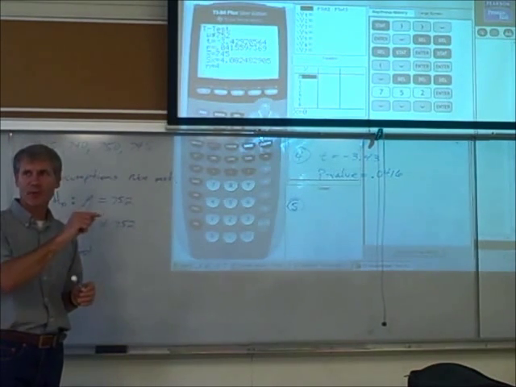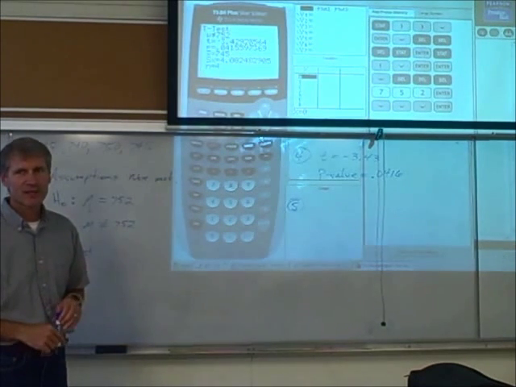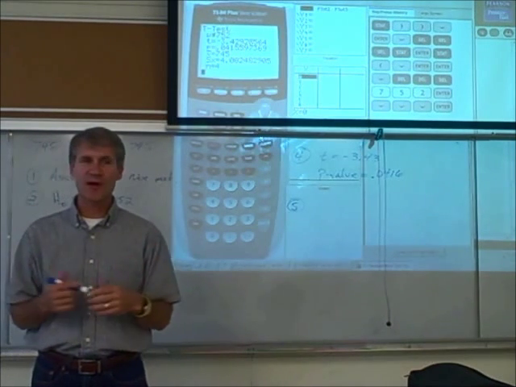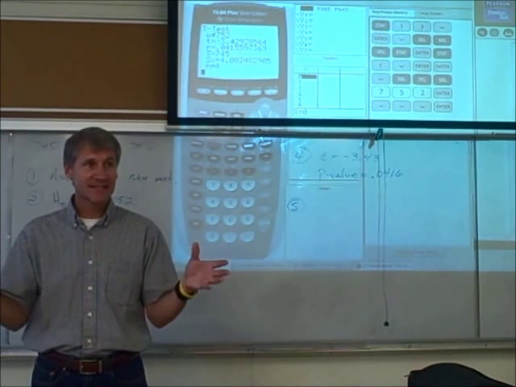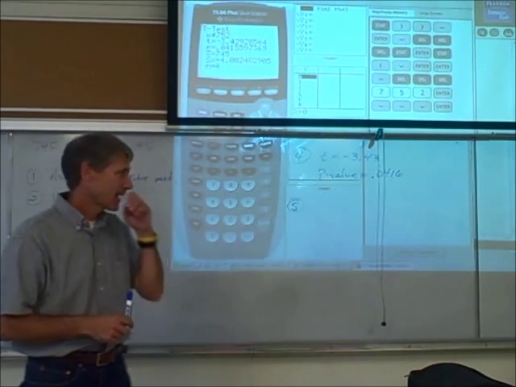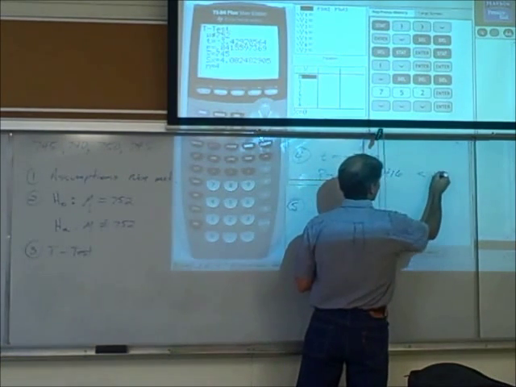The last sentence of the problem said, use a 0.05 level of significance. Now, both the book and me, sometimes when I write out one of these problems, I'll forget to say what alpha level to use. So if it doesn't say, use 0.05. Right? And a lot of times it won't say. So this is less than 0.05.